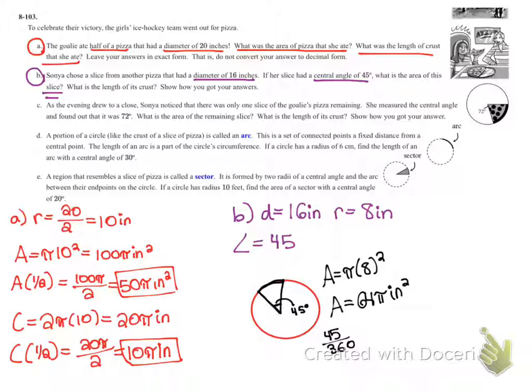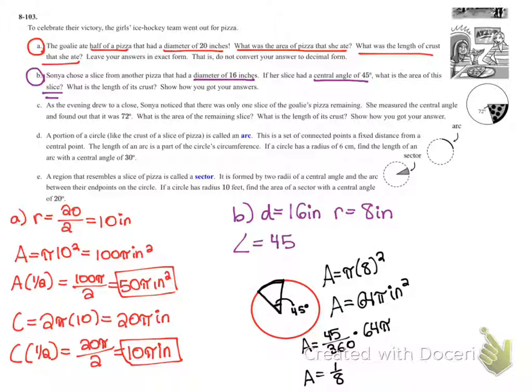Now, you can simplify that, or we can go ahead and find the area of the slice by doing 45 over 360 times 64 pi. On this problem, it does not tell us that we have to leave it in exact form, but we could if we wanted, because 45 over 360 reduces to a nice little fraction, which is 1/8.